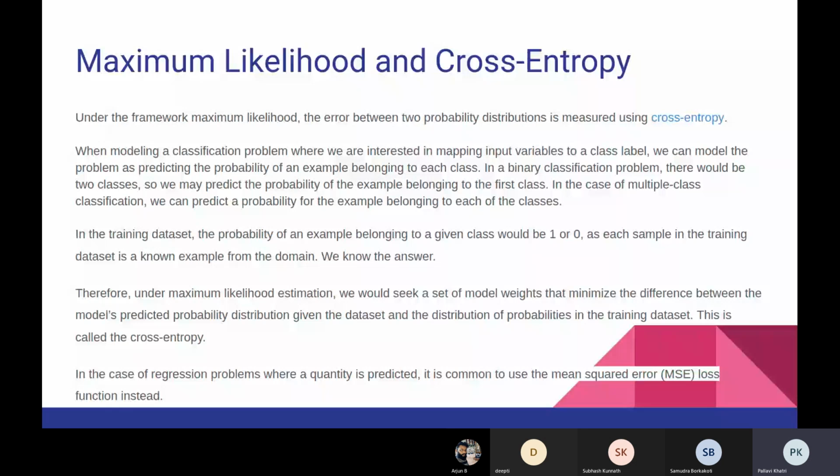So it's something we use to calculate the error between two probability distributions. That's what I can say.